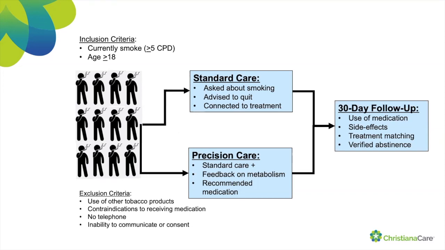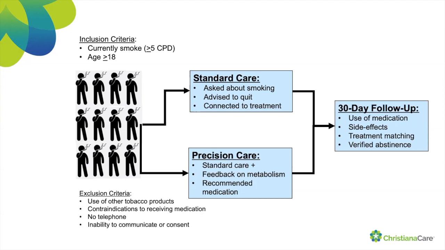The exclusion criteria, which again, we tried to keep limited, was any use of other tobacco products or contraindications to receiving medication, the inability to communicate by phone, or the inability to communicate in English or consent because of cognitive impairment. Beyond that, all other patients were eligible. And this is in contrast to many smoking cessation trials, which also limit people who have other comorbid conditions or including mental illness.